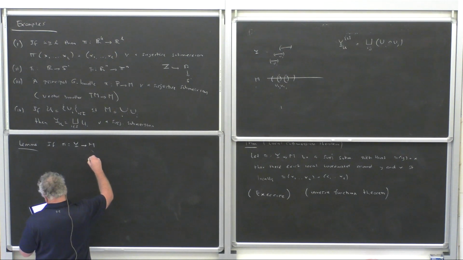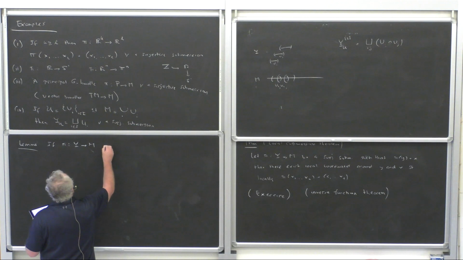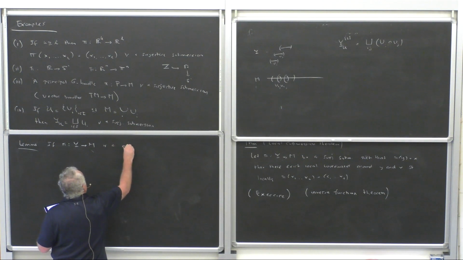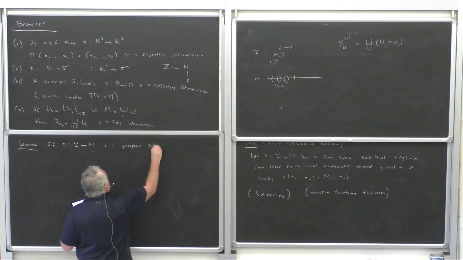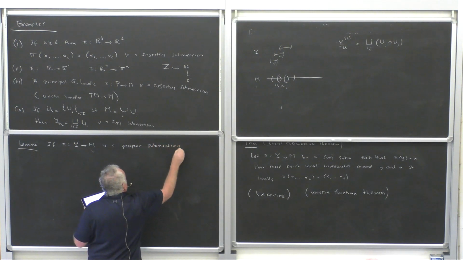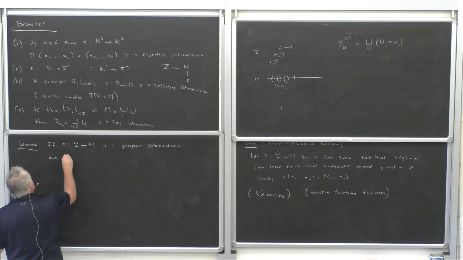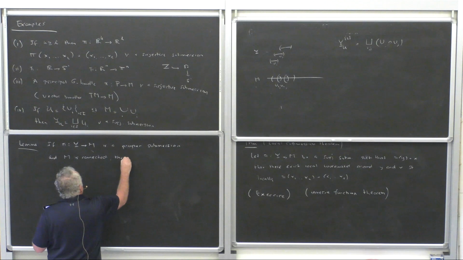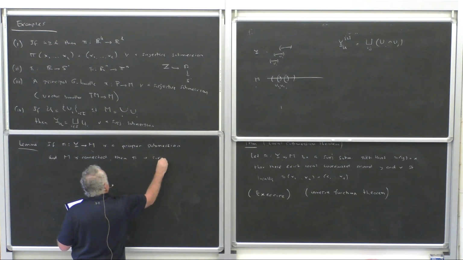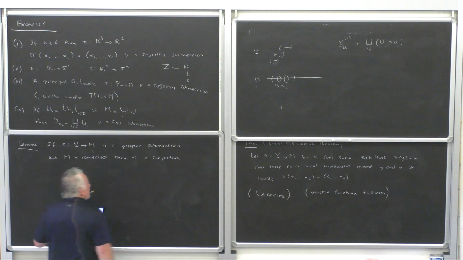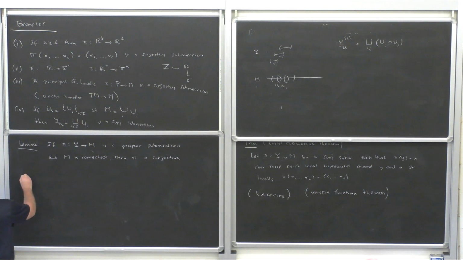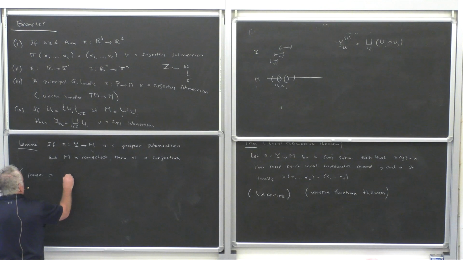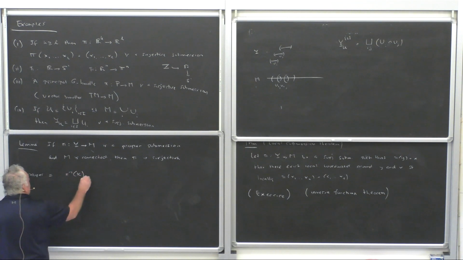So if pi from Y to M is a proper submersion, and M is connected, then pi is surjective. Now, this is a bit of topology, but proper means, the definition is that the inverse image of every compact set is compact.